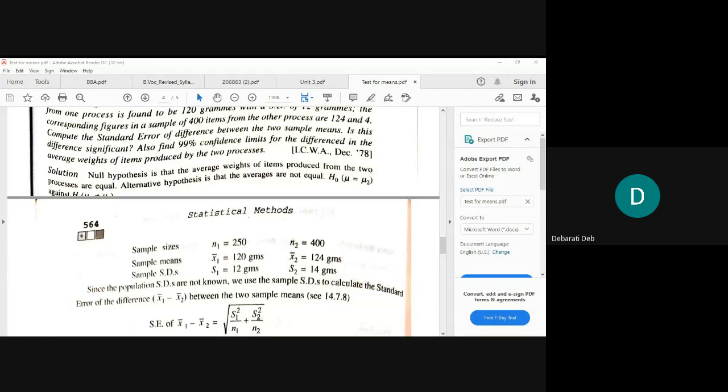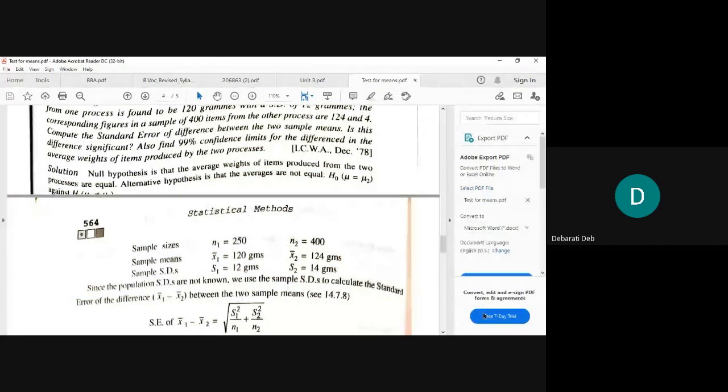Then you will write in the next line H naught. In bracket you will write mu1 equals mu2. Then you write H1, that is the alternative hypothesis.